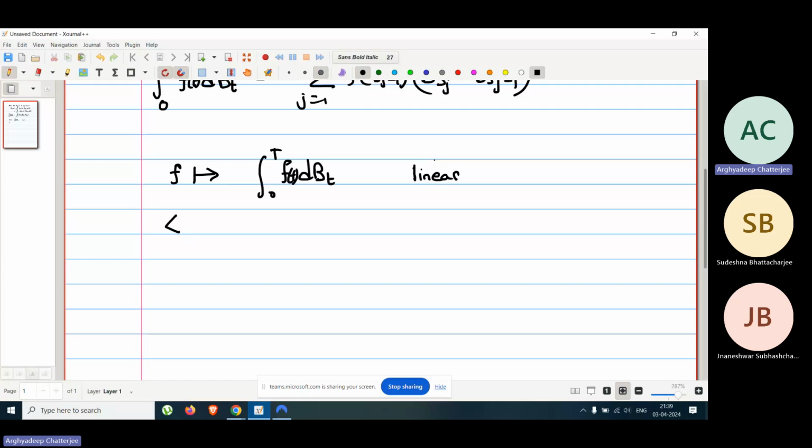This integral is also an L2 martingale, and its quadratic variation was given by the integral from 0 to t of f_s squared ds. So this was the Ito isometry from last class.